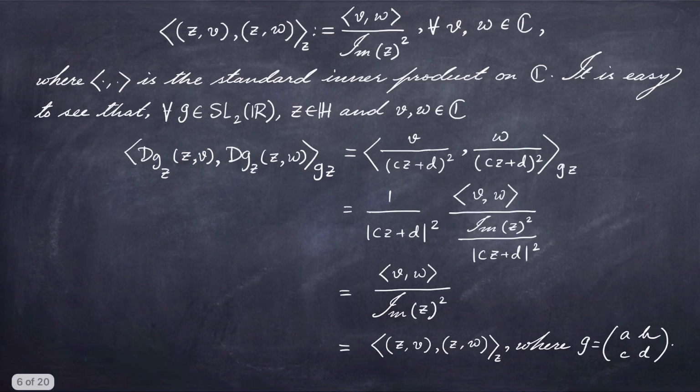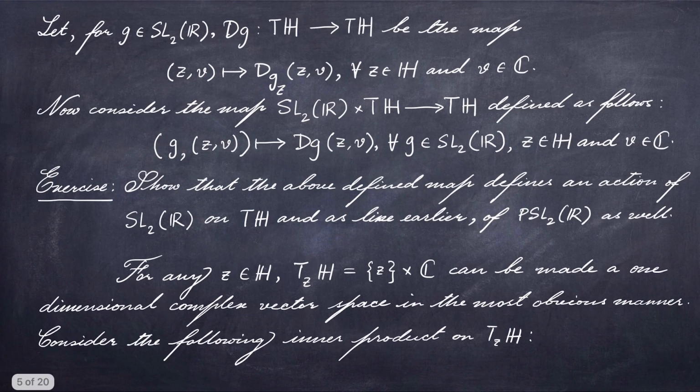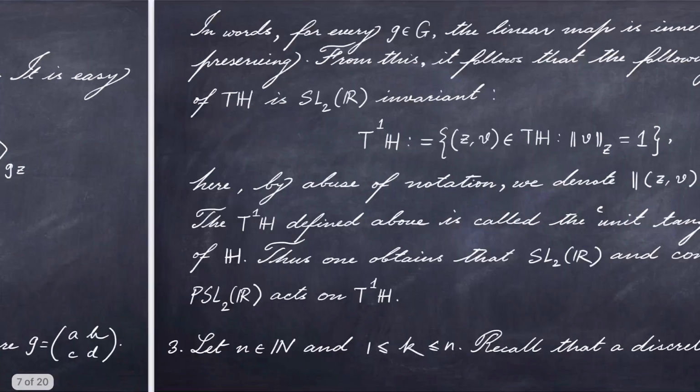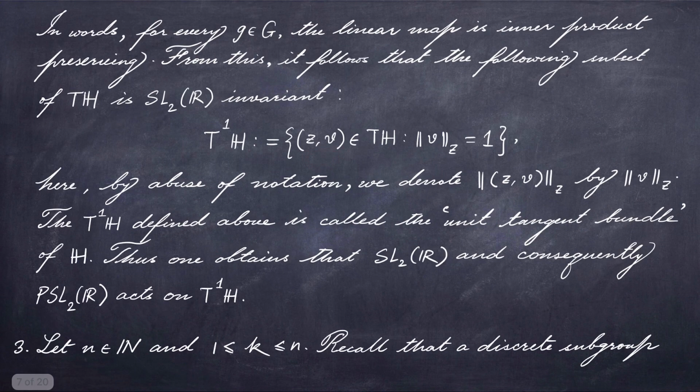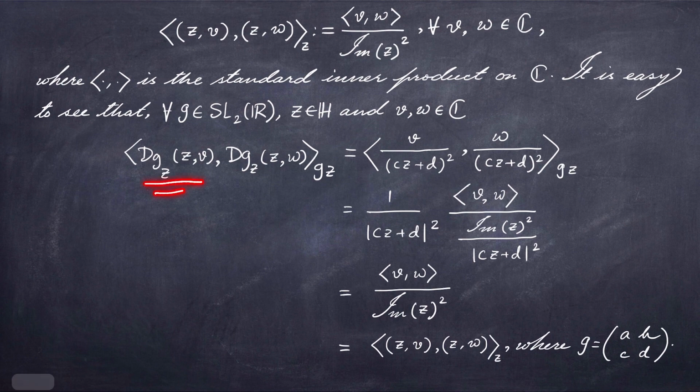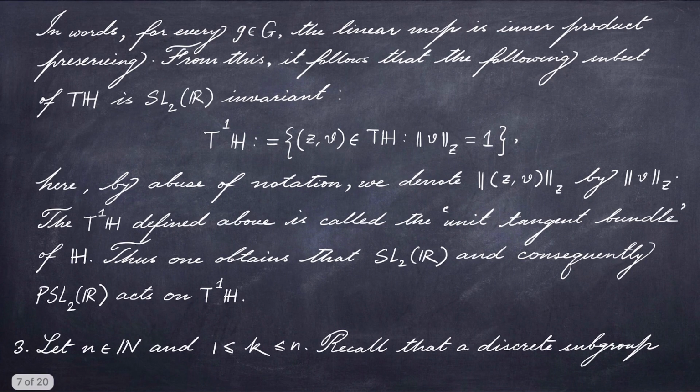Okay, because any unit vector in the unit tangent bundle will also go to a unit vector. If we choose any unit vector z comma v in the unit tangent bundle, its image is going to be this, which will also be a unit vector. So thus this set is invariant under the action of SL2R.